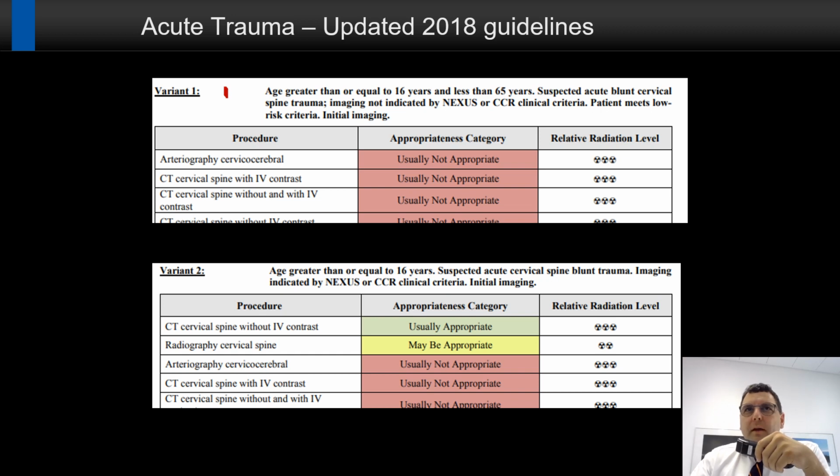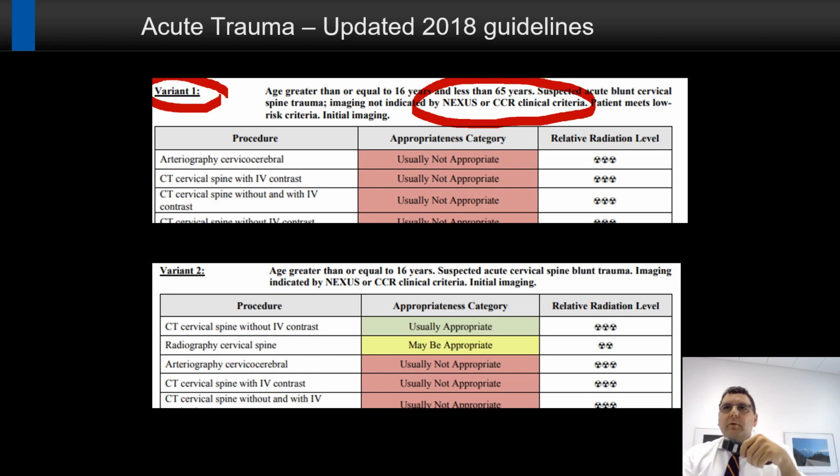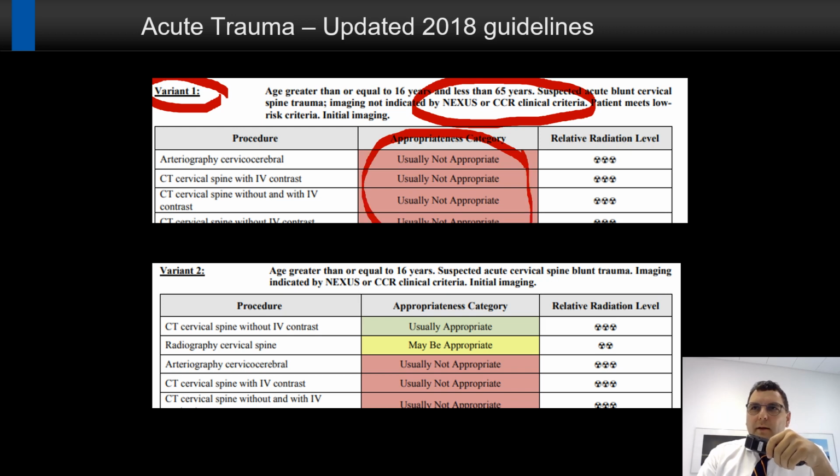For example, in variant 1, if the age is greater than or equal to 16 years and less than 65 years, if you have suspected acute blunt cervical spine trauma, imaging is not indicated if NEXUS and CCR criteria are negative. This means that the clinicians really need to be familiar with these criteria, and they need to really do a very good clinical exam, because if they are negative, no imaging is performed usually.